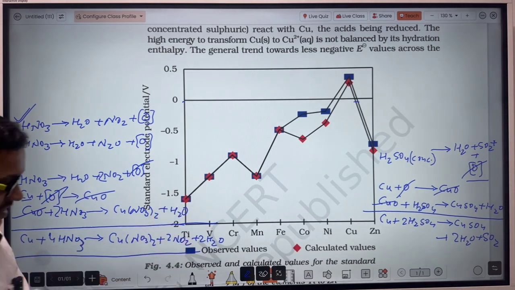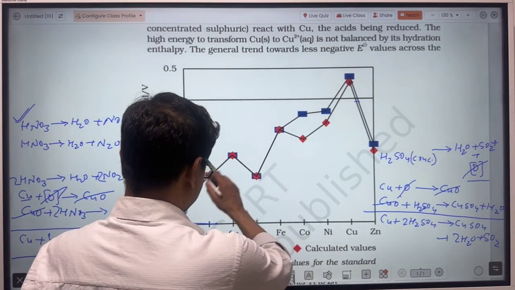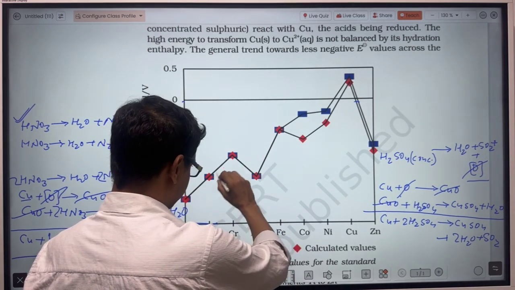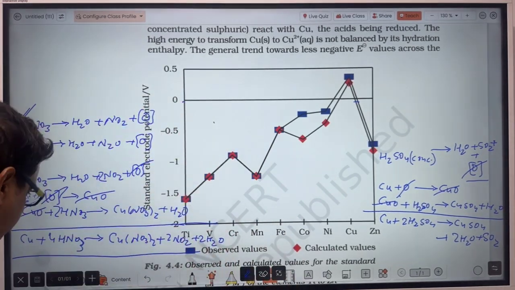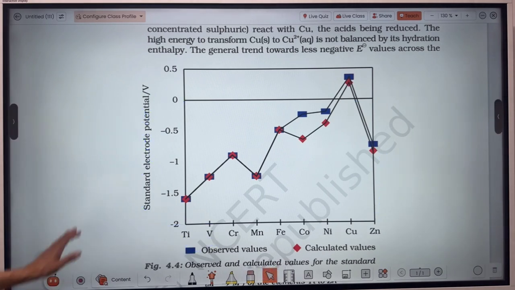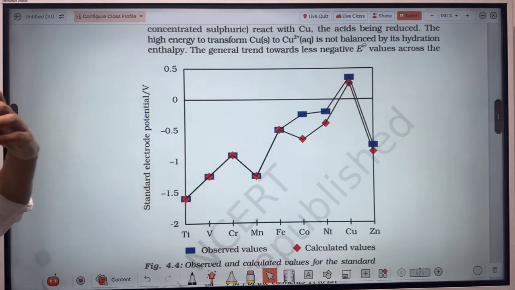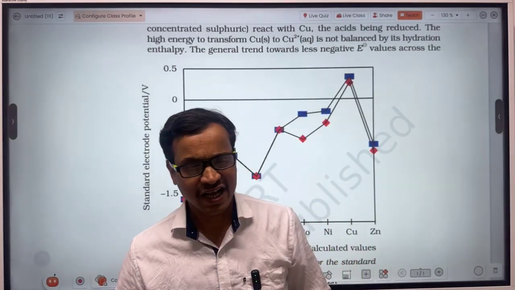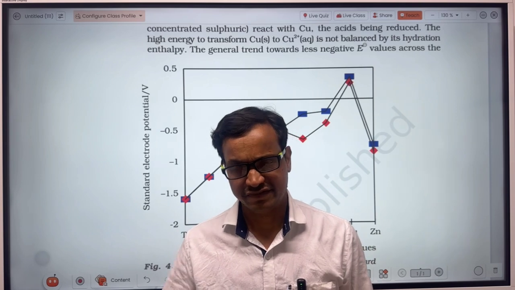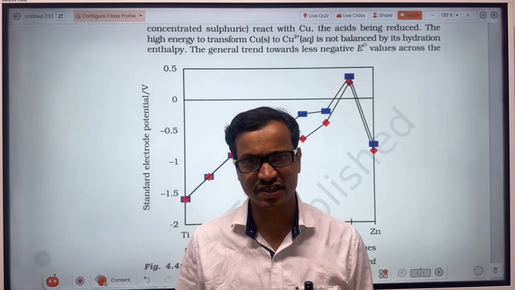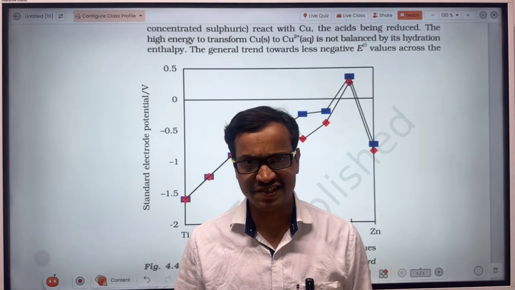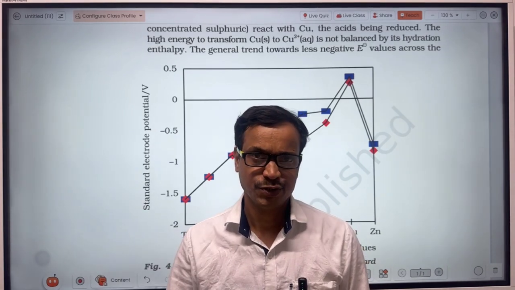That's done. Now let's see, firstly I taught you that on moving across the period, the standard electrode potential of the transition metals becomes less negative. The reason is that as we move across the period, the ionization enthalpy, the summation of first and second ionization enthalpy, the ionization enthalpy for M2+, will increase.